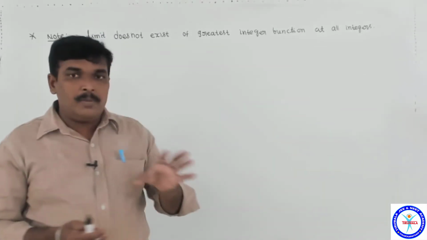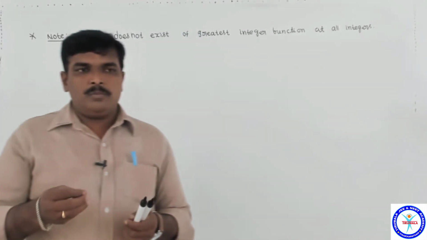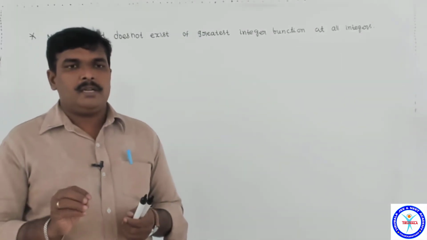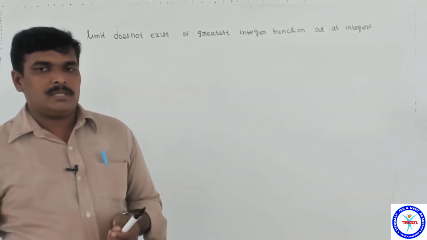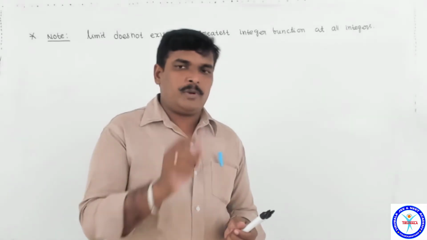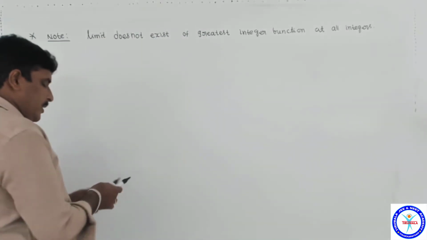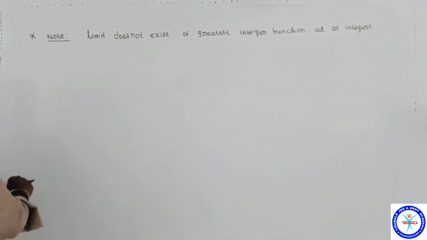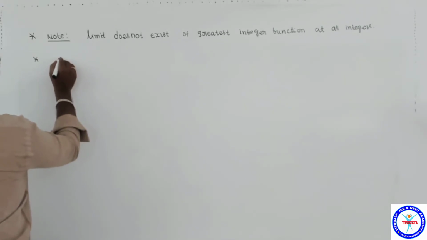Now I will write some important formulas, because in the limit concept more than 50% of problems are trigonometry based. We use these formulas. Write them and read properly, and also repeat in trigonometry. So, important formulas in limits.